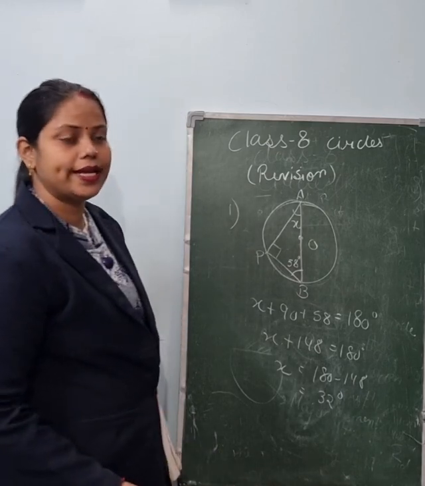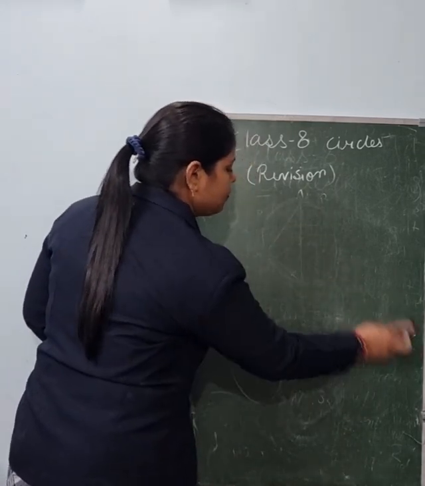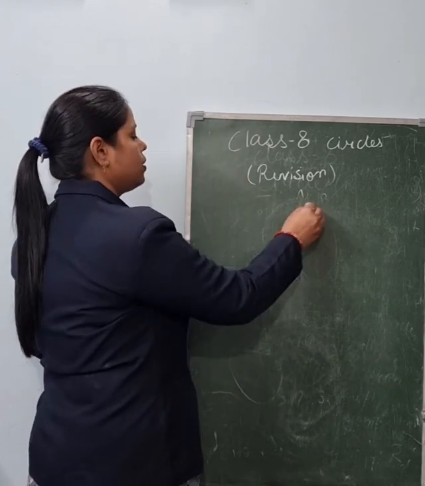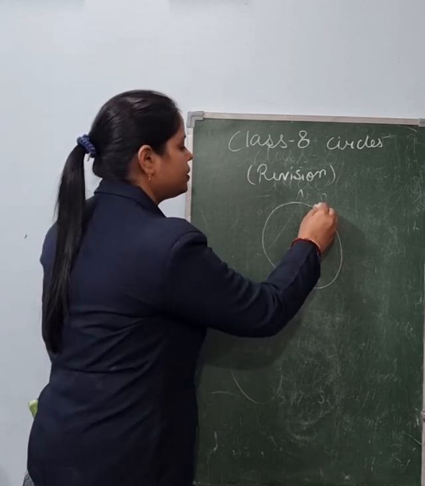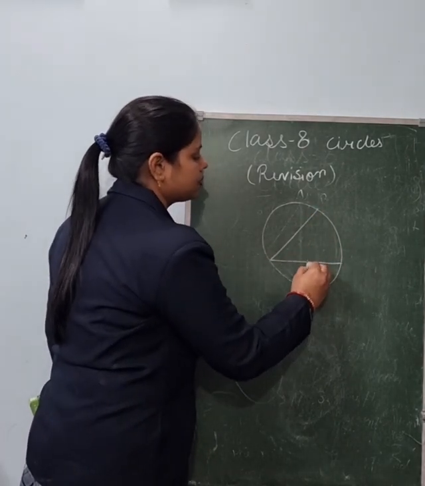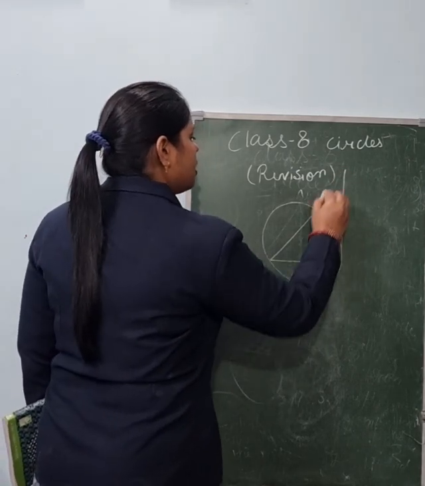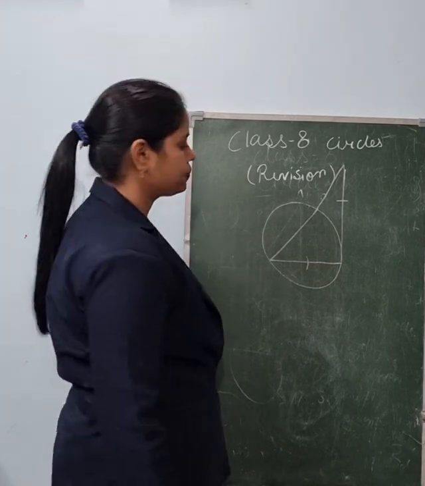Now let us understand the next question. Here we have a circle and there is a chord. This side and this side are given equal.